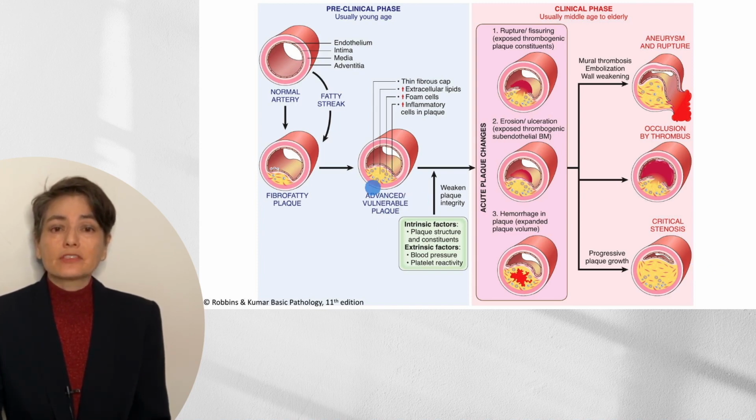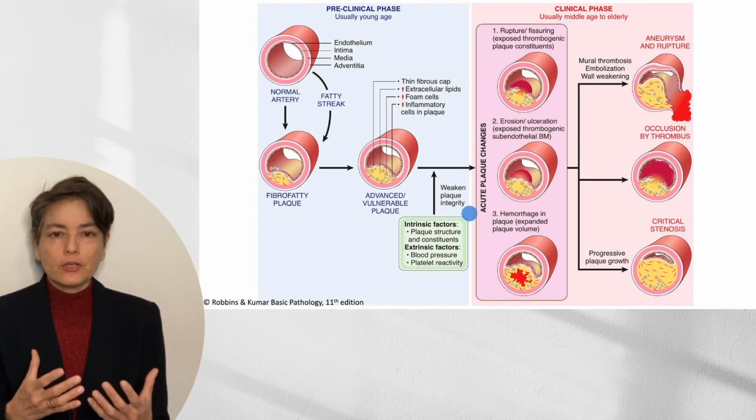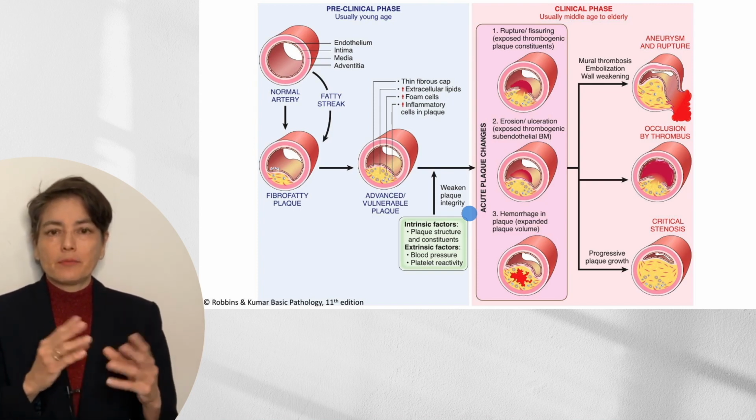But if we have something that affects the integrity of this atheromatous plaque, that's when we get into things like rupture and hemorrhage. What is important in this will be the plaque structure. So again, how thick is that fibrous cap?